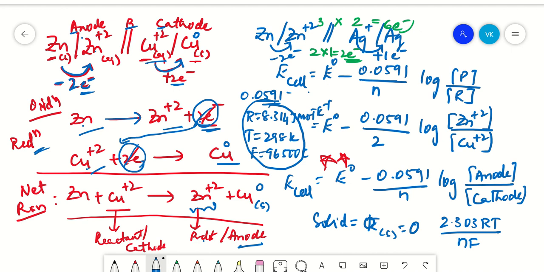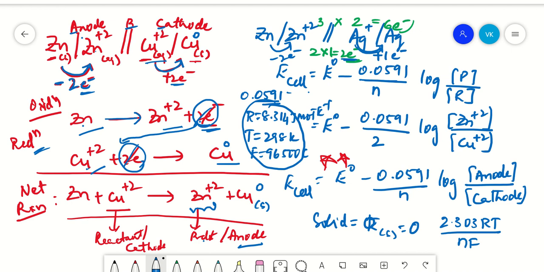See, if you have some reactions like this, Zn to Zn plus 2, Ag plus to Ag, what is happening here? Here it is losing 2 electrons, but here it is gaining only 1 electron. Then you need to balance the equation. Instead of balancing the equation and wasting your time, you just multiply these 2 electrons into 1 electron. So the 2 electrons is the number of electrons that are involved in the reaction.